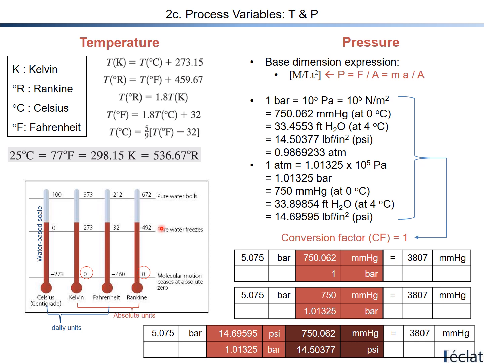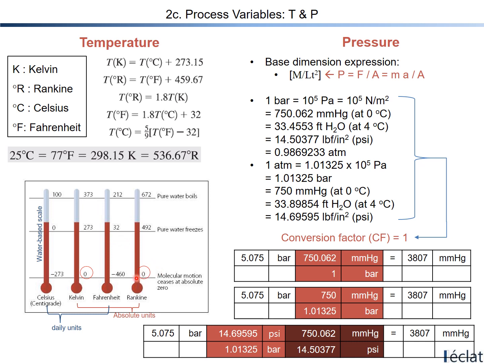Let's go to the final temperature unit, Rankine. The temperature difference between boiling and freezing is the same as Fahrenheit: 672 minus 492 is 180, and also 180. But the starting point is different.